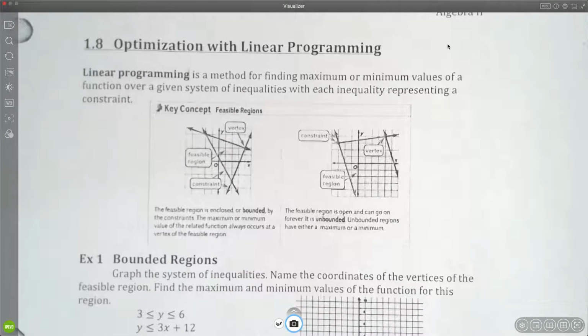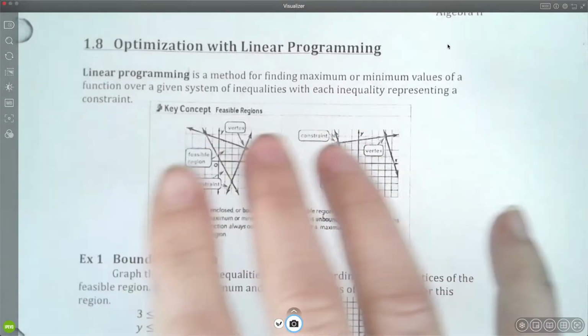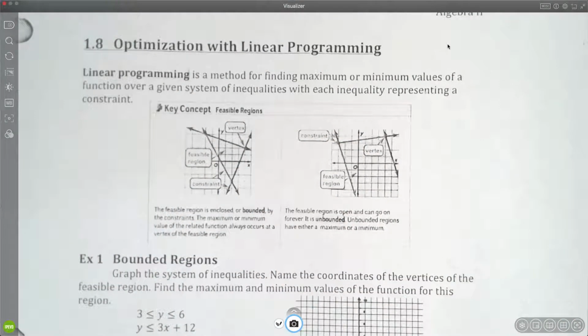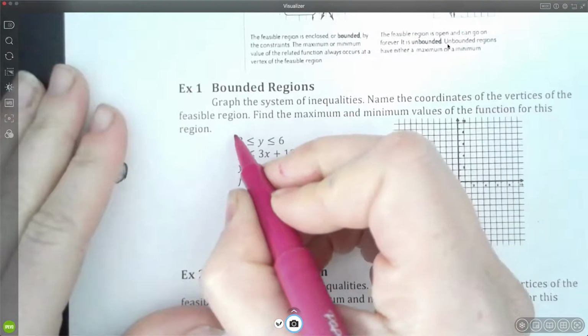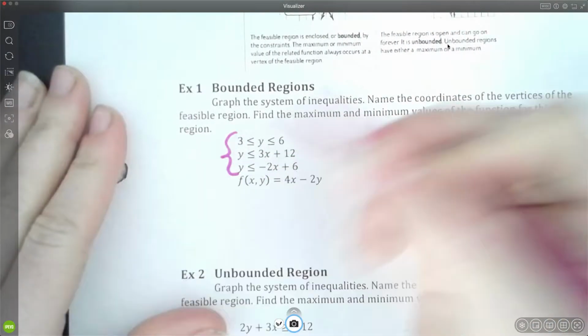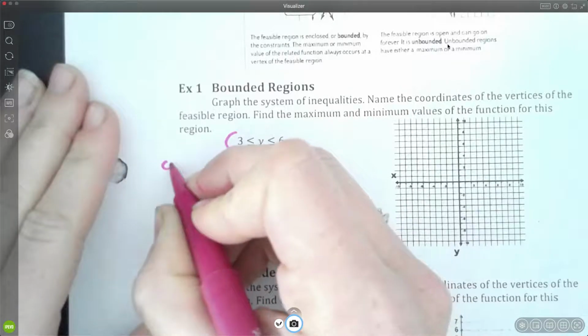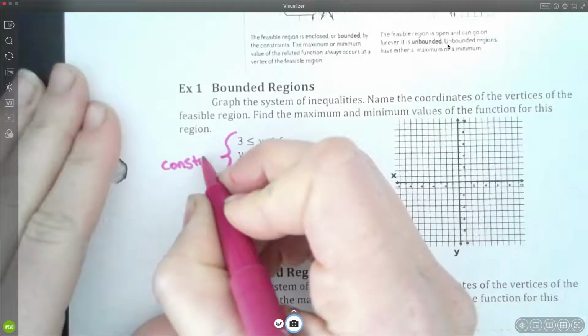One of the first things: a linear program is a method for finding maximum and minimum values of a function over a given system of inequalities, with each inequality representing a constraint. That was a lot of nonsense, right? Each one of these three equations is a constraint equation, and we know how to graph those because we've graphed them before.